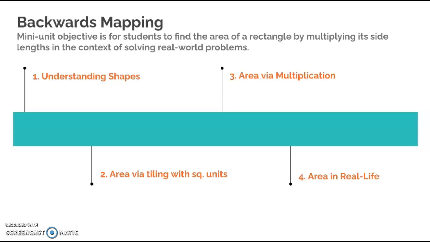That's why I started with the shapes and having them understand the different kinds of shapes, and then moving into tiling with square units to find the area by adding all of those squares up within a rectangle, and then being able to multiply the lengths of each side and recognize that it's the same as adding the square units all up together. And then applying that to a real life scenario, which was creating their own dream house.